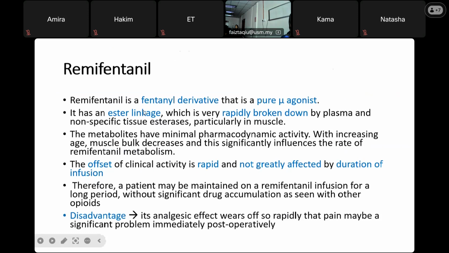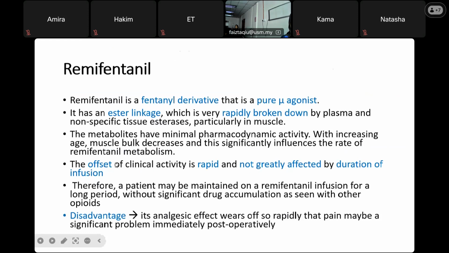Remifentanil is a fentanyl derivative and a pure mu agonist. It has an ester linkage, which is rapidly broken down by plasma esterase. The metabolite has minimal pharmacodynamic activity. With increasing age, muscle bulk decreases, and this will significantly influence the rate of remifentanil metabolism.